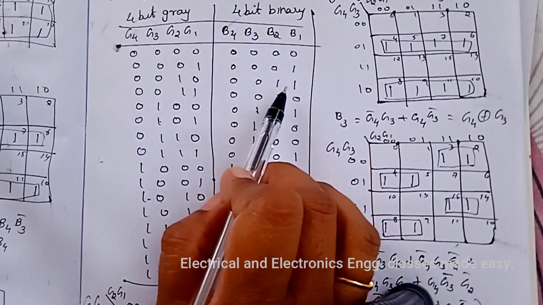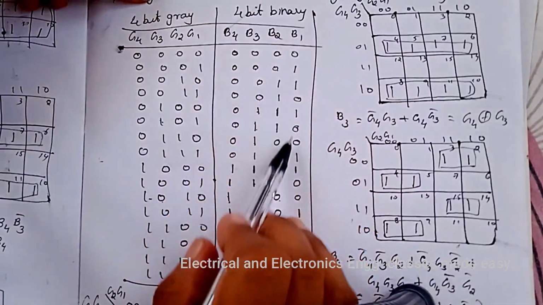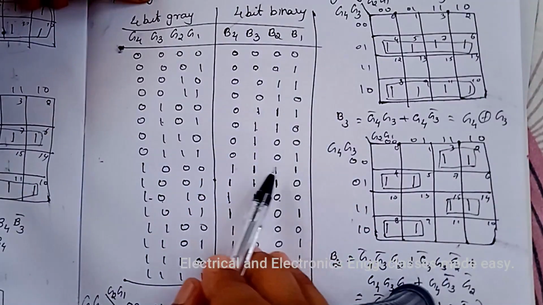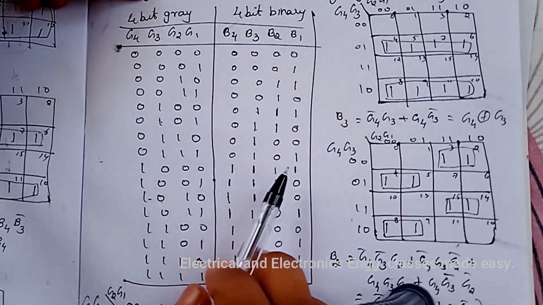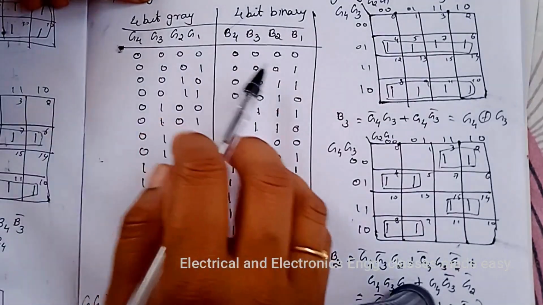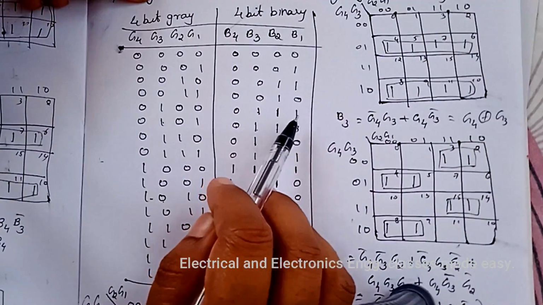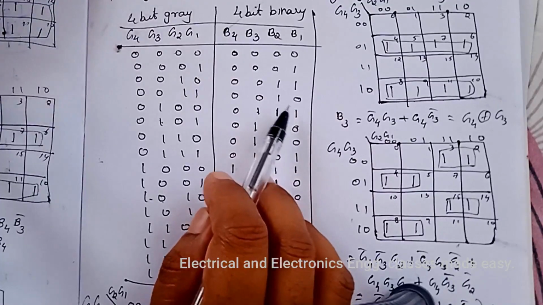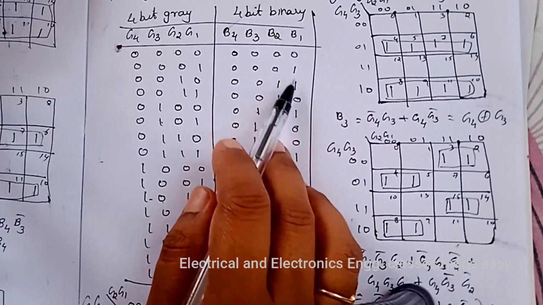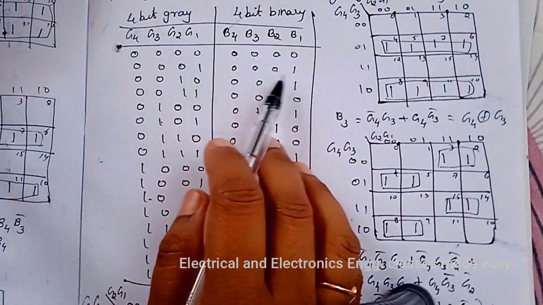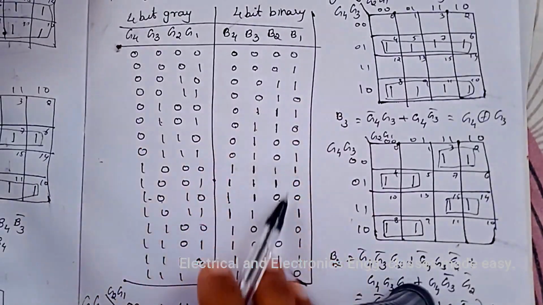And for B1, here we will not get any common or constant terms while doing the K-map. So we have to write each realization bit, that is for each one bit we have to write the corresponding Boolean expressions.